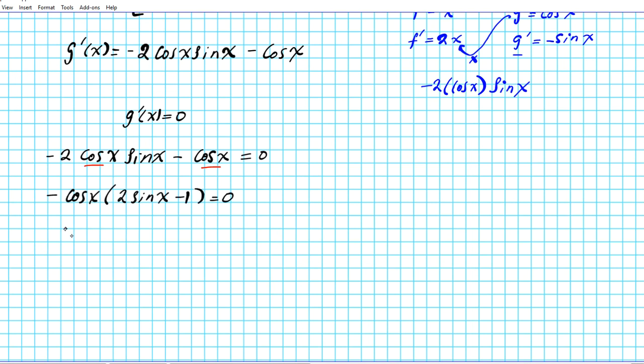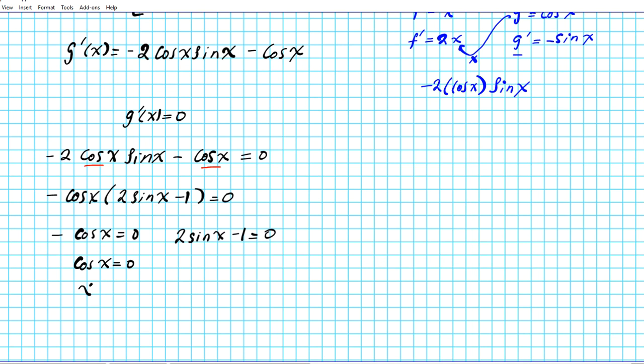Now using the zero product property, we have negative cosine x equals 0, and 2 sine x minus 1 equals 0. For the first one, divide both sides by negative 1 and you have cosine x equals 0.